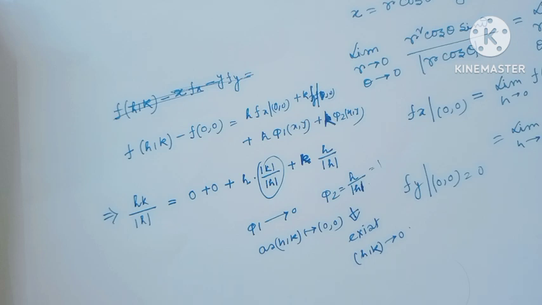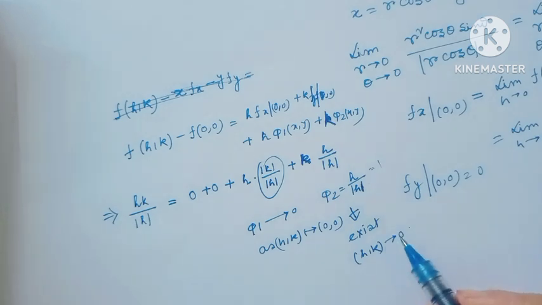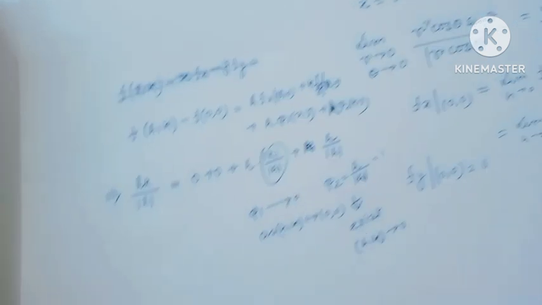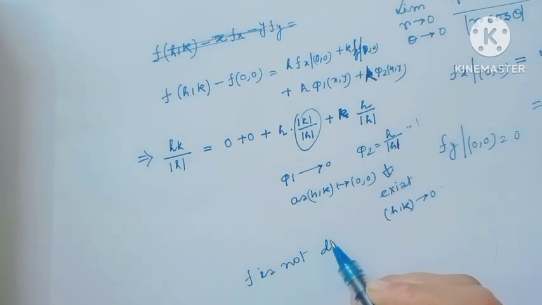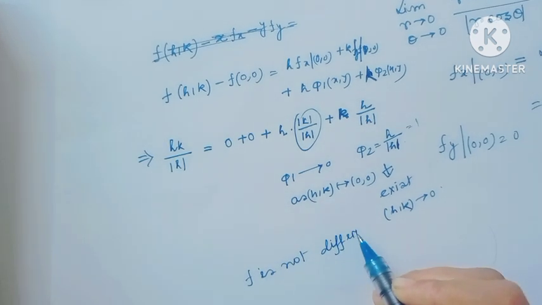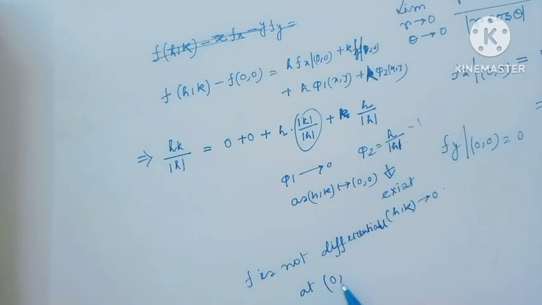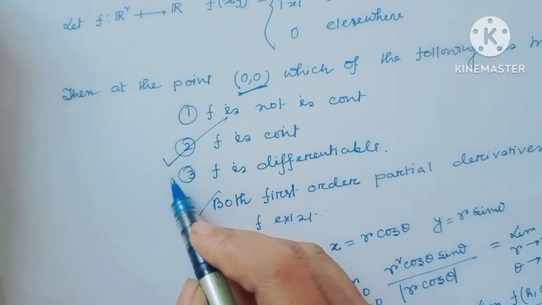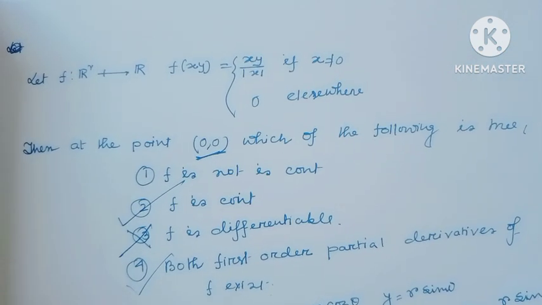So since phi 2 does not converge to 0, we can say f is not differentiable at the point (0, 0). So option 3 is a wrong option. I hope all my viewers have understood. This is okay.